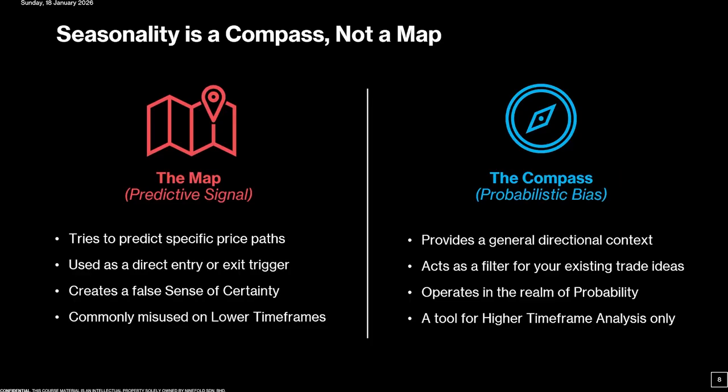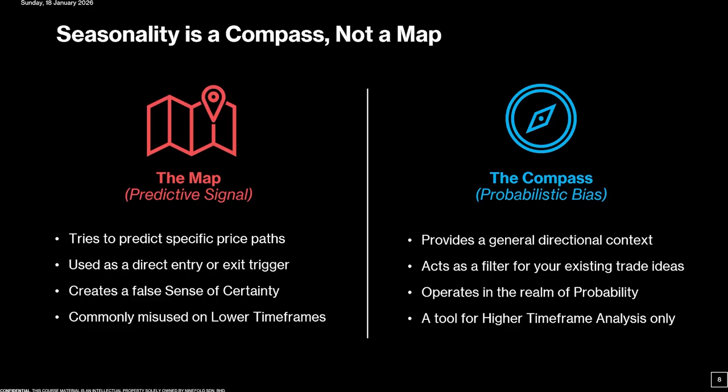Now, there's two ways of looking at and utilizing seasonality. The first is what we call a predictive signal. And this is more often than not used by retail traders.